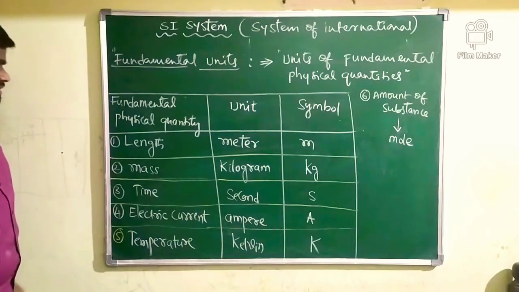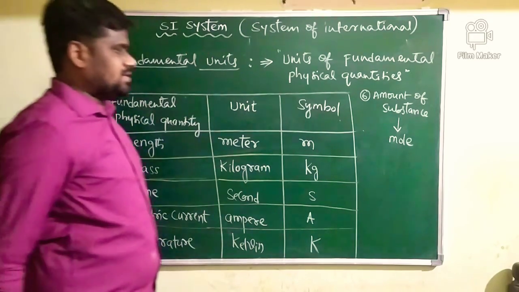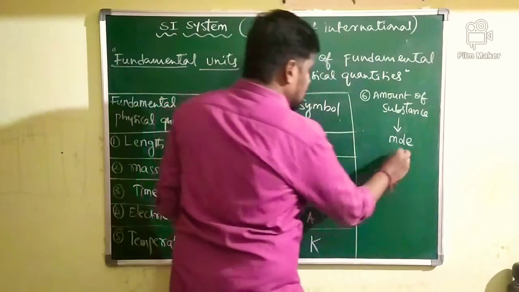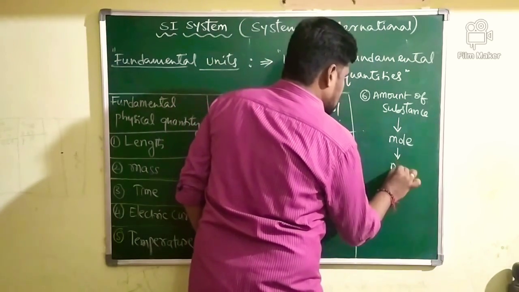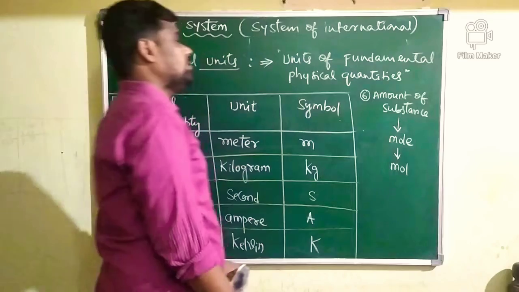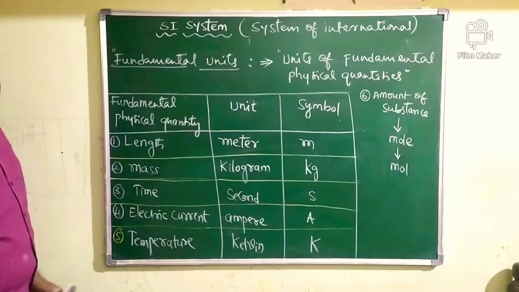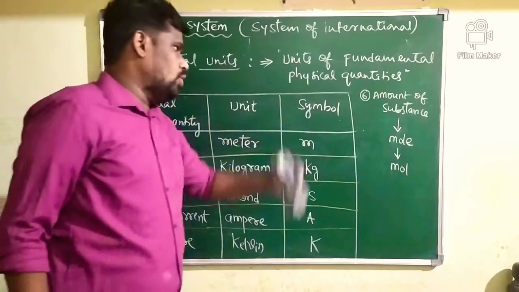Amount of substance is the sixth physical quantity. Its SI unit is mole, and its symbol is mol. mol is the symbol for the unit, that is mole.